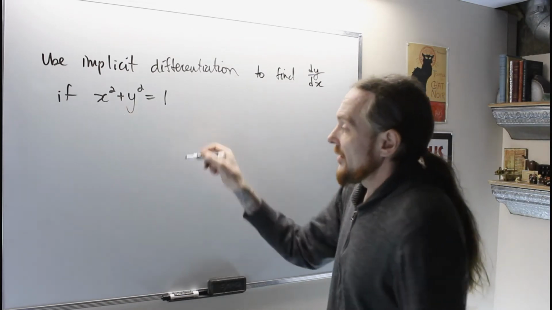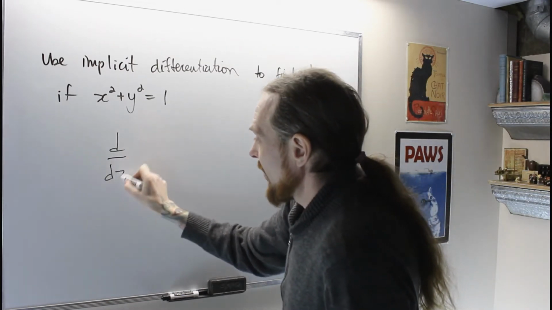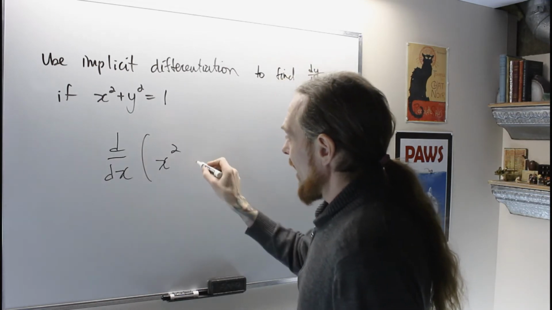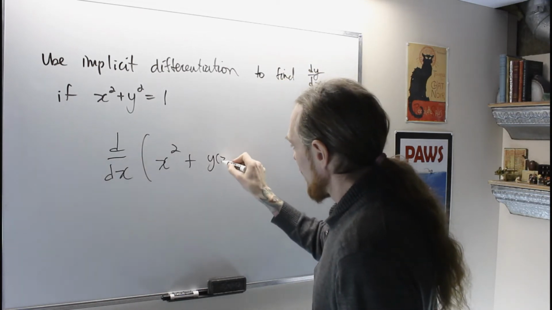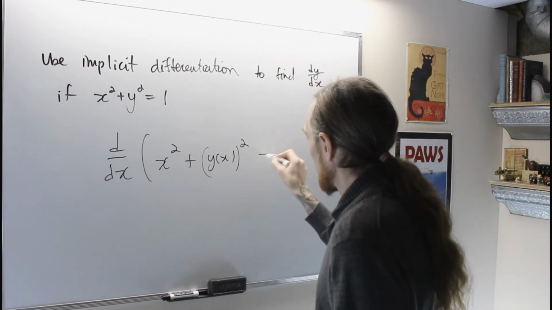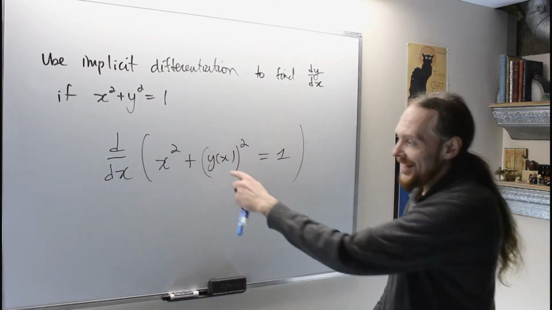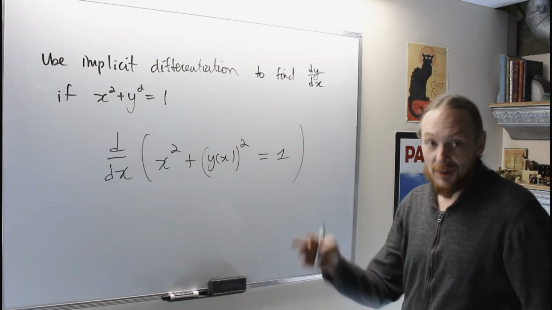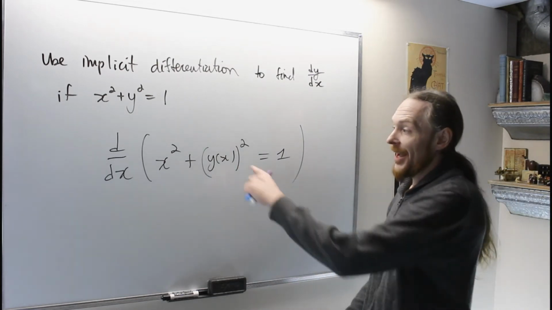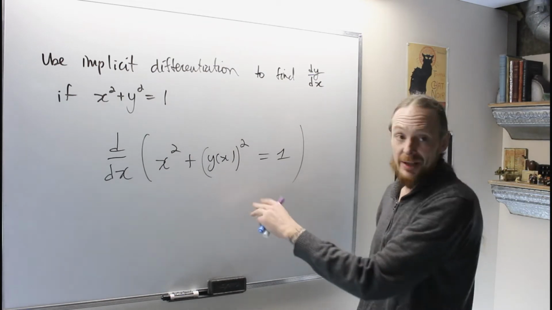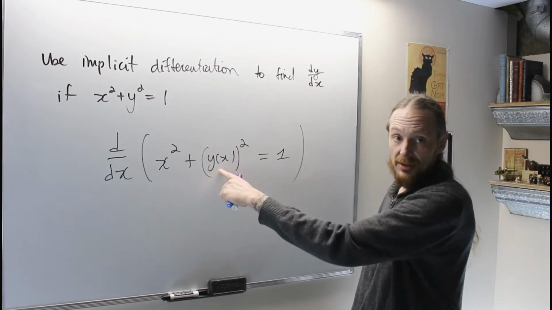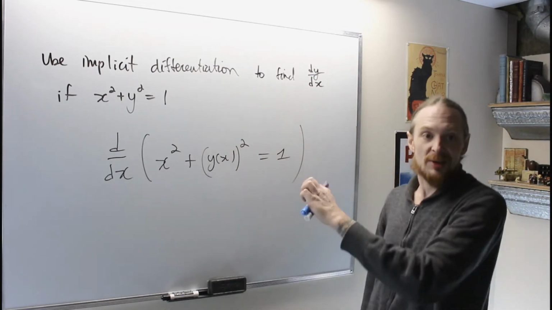I like to view it this way the first few times you do this, and not be lazy. This is being lazy. The whole trick is we're pretending that y is a function of x. So at first, if you don't see it, write that in there, and then you can see this is going to be the chain rule: outside function, inside function. This is why y prime appears in this one.